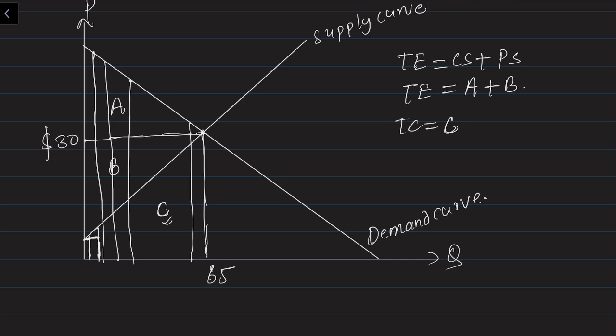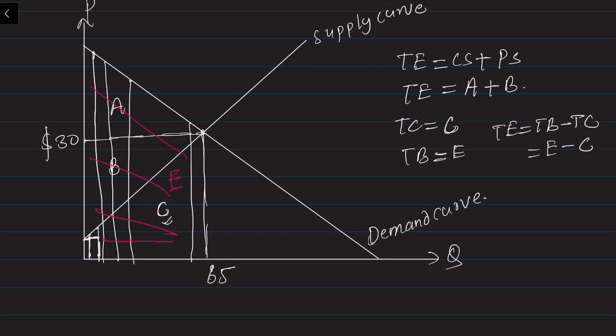Let me call this entire area E. So the total benefit that we get is E. The difference between the benefit and the cost gives us the total economic surplus. So the total economic surplus is total benefit minus total cost, which is E minus C.